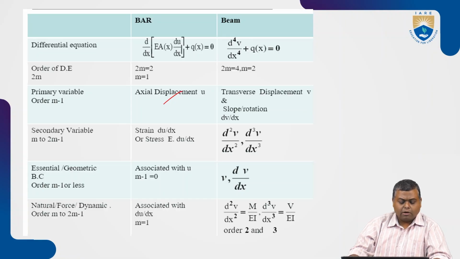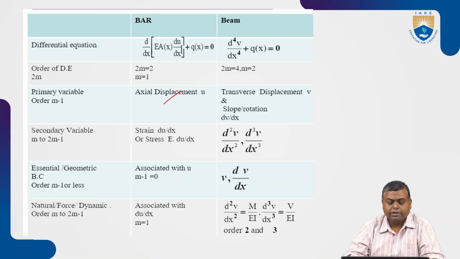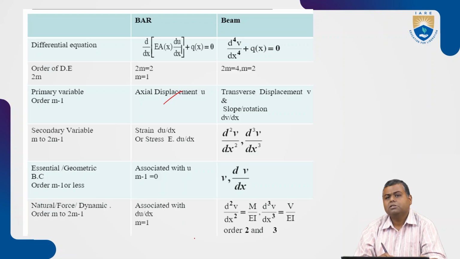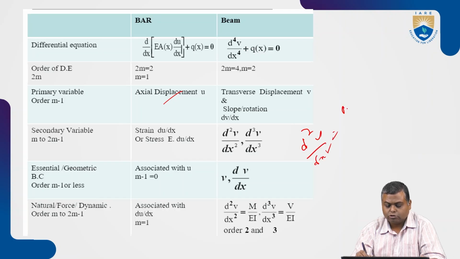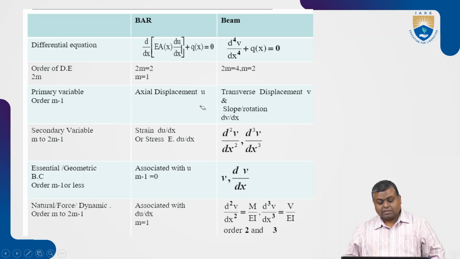The geometric boundary conditions associated with u are at m minus 1 equals 0, and here v and dv by dx. The natural or force boundary conditions involve d square v by dx square, which equals M by EI. This beam equation is what we are going to follow to resolve problems for structural beams.